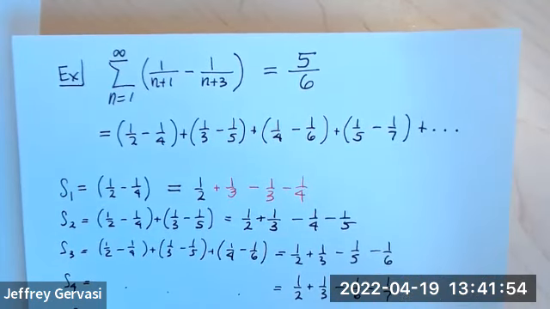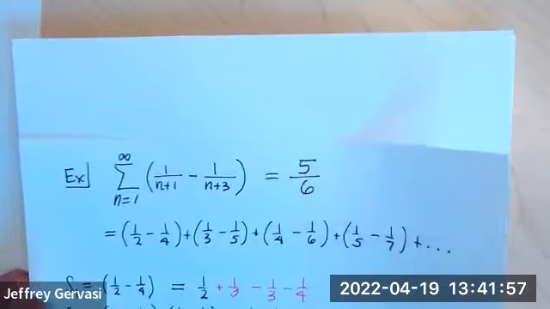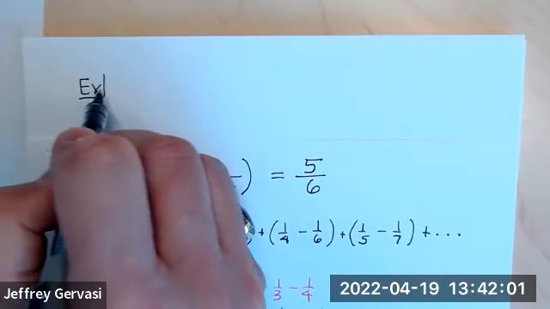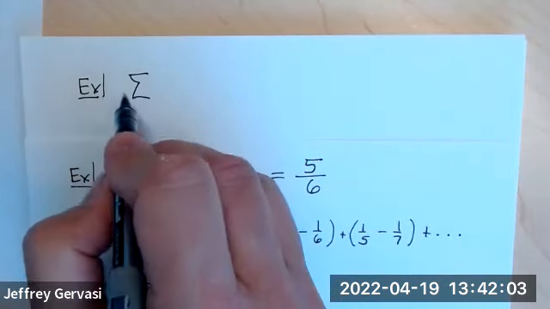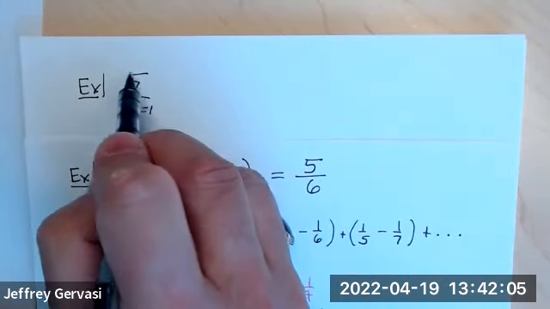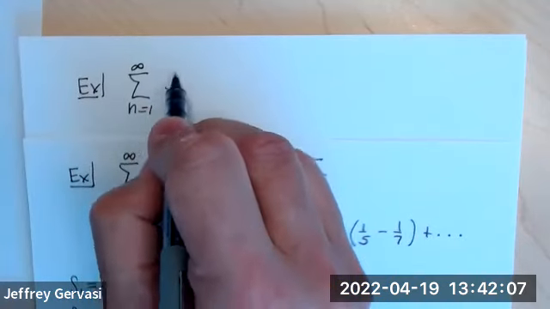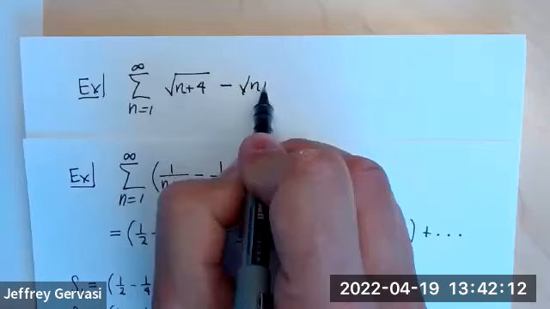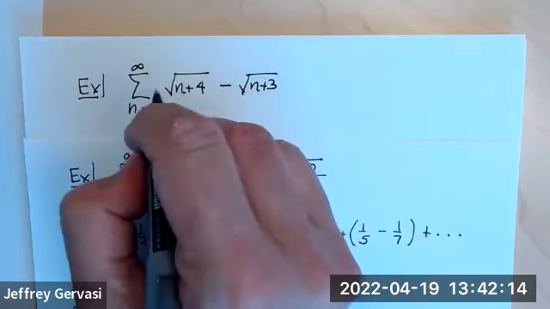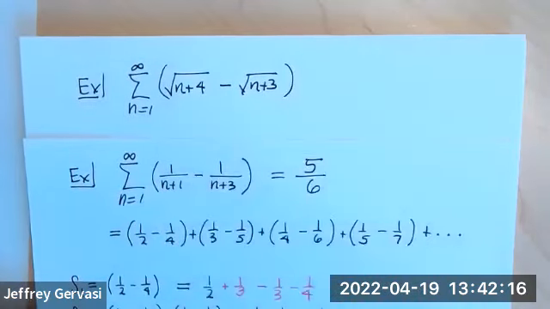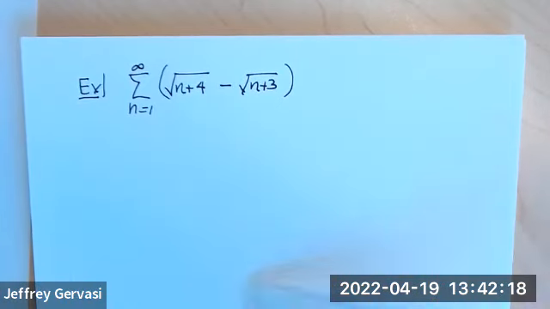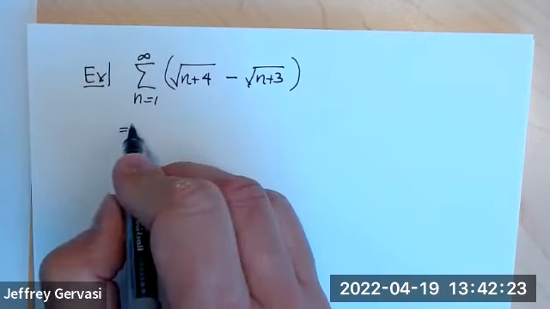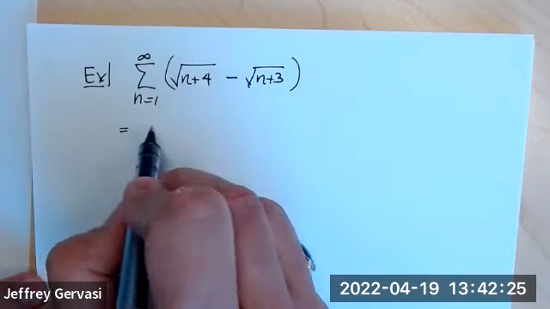Okay, now here's another example. And the first several terms of this, if we write out the first several terms, are going to look like as follows.